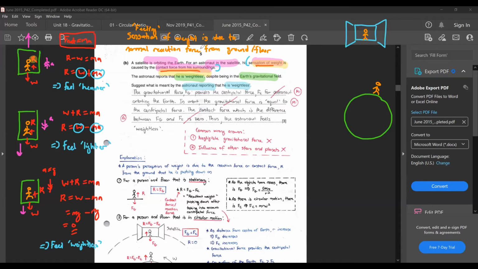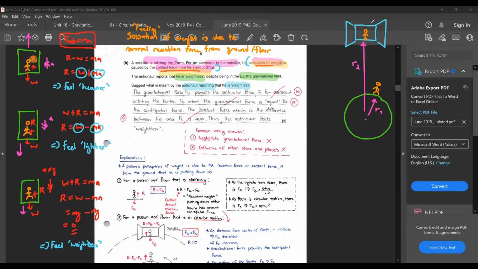What do I mean by that? Let's say the center to center distance between the person and the Earth is r1, and the center to center distance between the person inside the satellite and the Earth is r2.